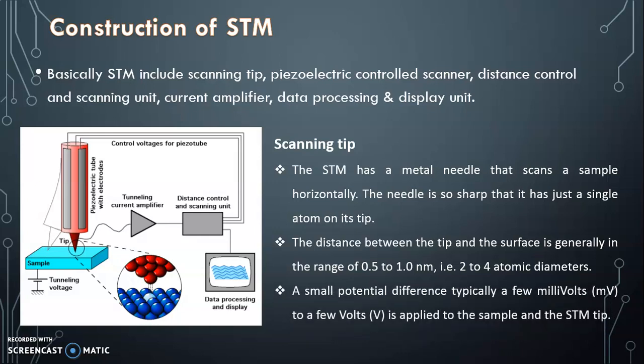A small potential difference, typically few millivolts, actually in most cases 3 volt to few volts, is applied between the sample and the STM tip. In general cases, up to 3 volt potential is applied.